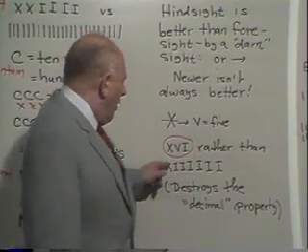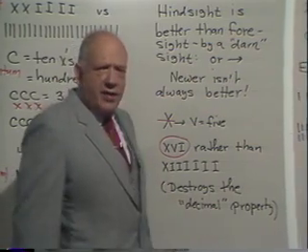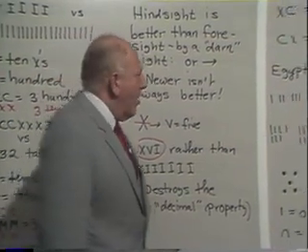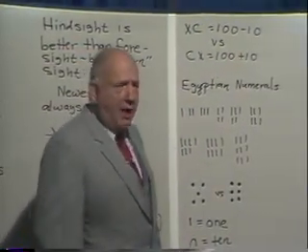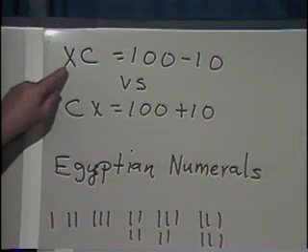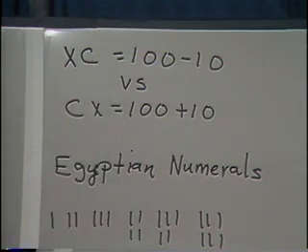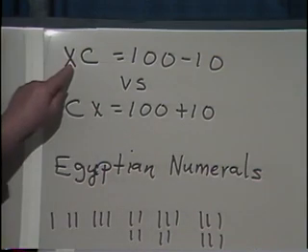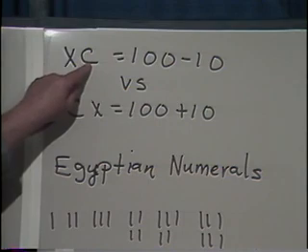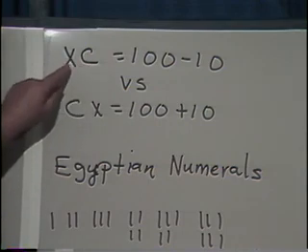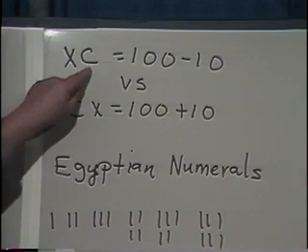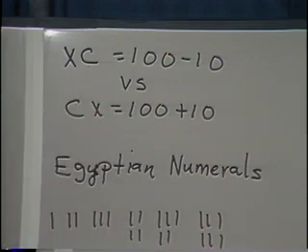The other thing that the Romans did to try to make things easier, and it made a mess out of things, was what we call the subtractive property. What the Romans said was, if you put a noun of a smaller denomination in front of one of a larger denomination, it means you subtract it. Since X stands for 10 and C stands for 100, by putting the 10 in front of the 100, you read it as 100 minus 10.